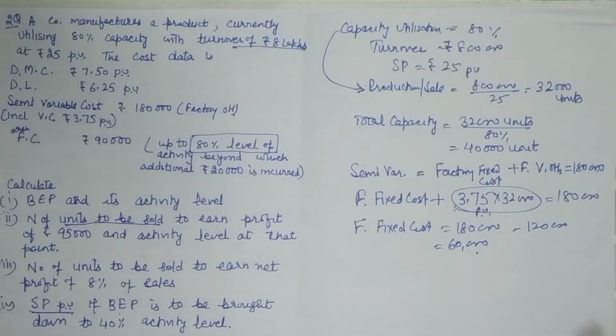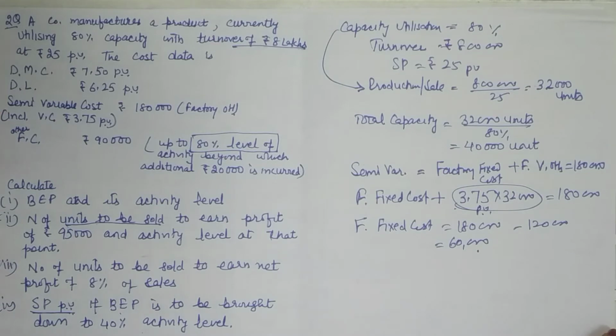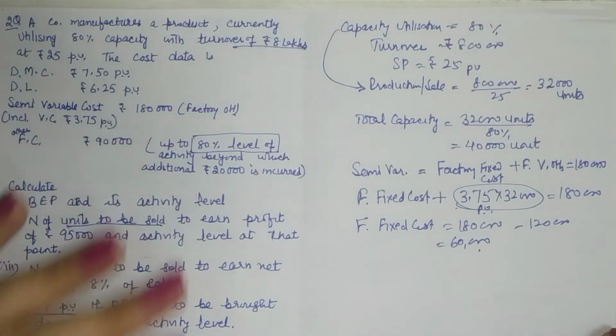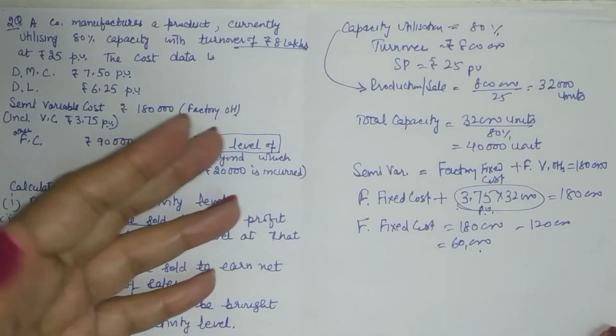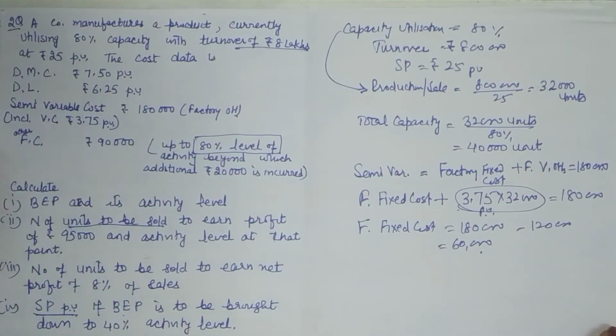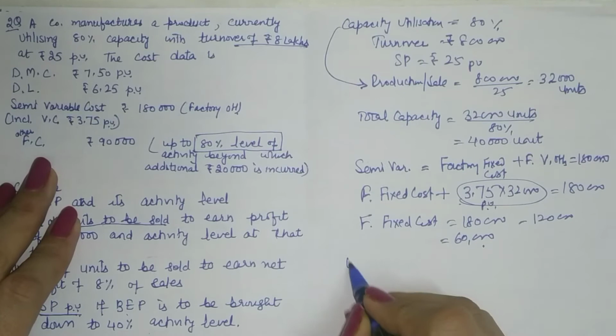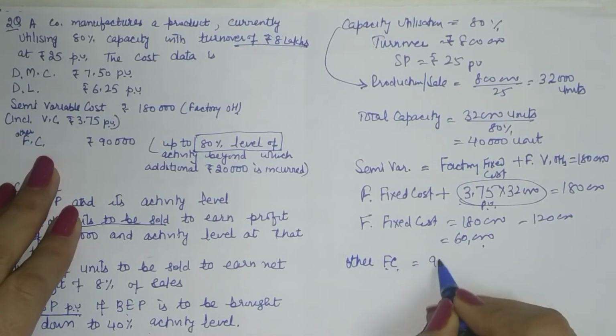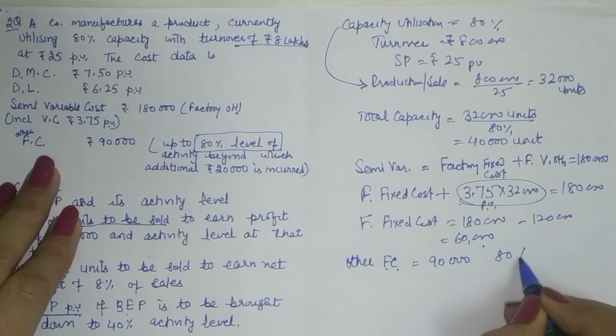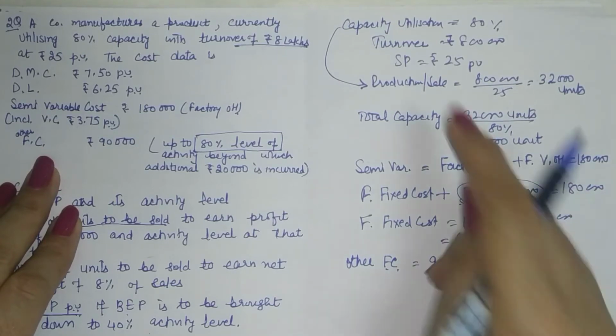So we are to calculate all the basic information. We need to know fixed cost and variable cost separately. So if it has a component of fixed cost, we need to separate it beforehand before we make any other calculation. Now other fixed cost is 90,000 at 80% level, that is if you are working up to this level.